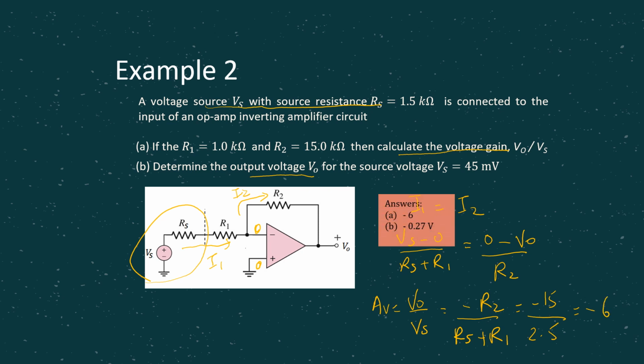Then for part B, you have to determine the output voltage if Vs is 45 millivolt. Obviously you know how to solve it: you just substitute, where V0 over Vs is the AV. AV is negative 6, so we multiply it by 45 millivolt, and you are going to get the output voltage value.